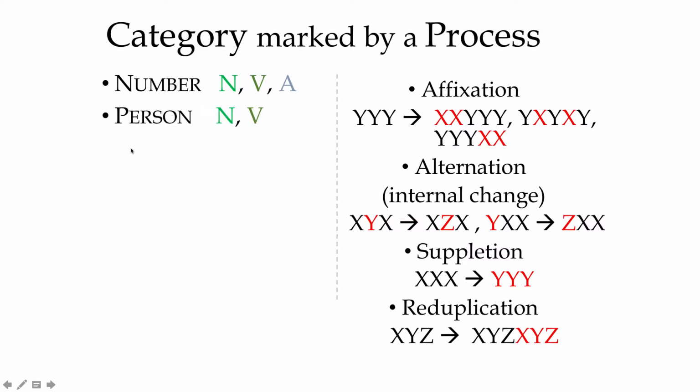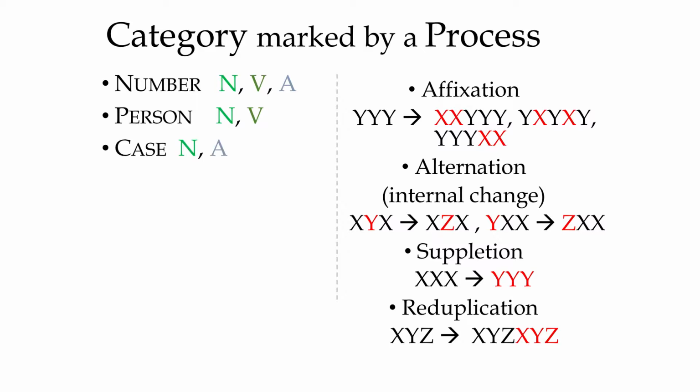Person is a category that we use to talk about the perspective of who is doing the action or who is being talked about. First person would include the speaker, second person would exclude the speaker but include the listeners, and third person would be someone different, neither the speaker nor the listener. And there are languages that would actually have a fourth person as well for divine beings or for other kinds of entities.